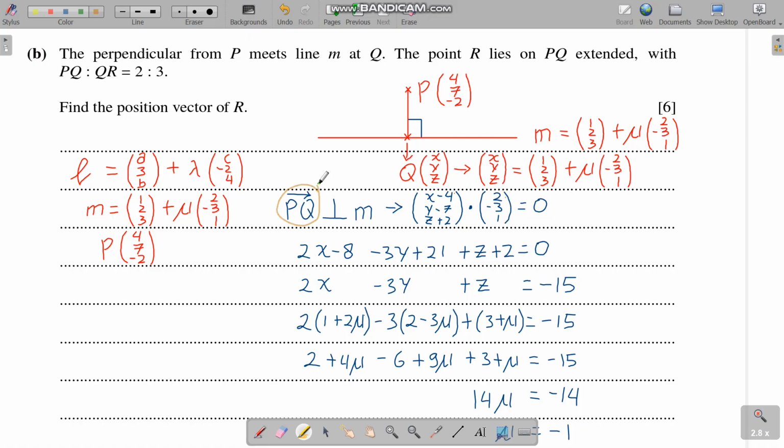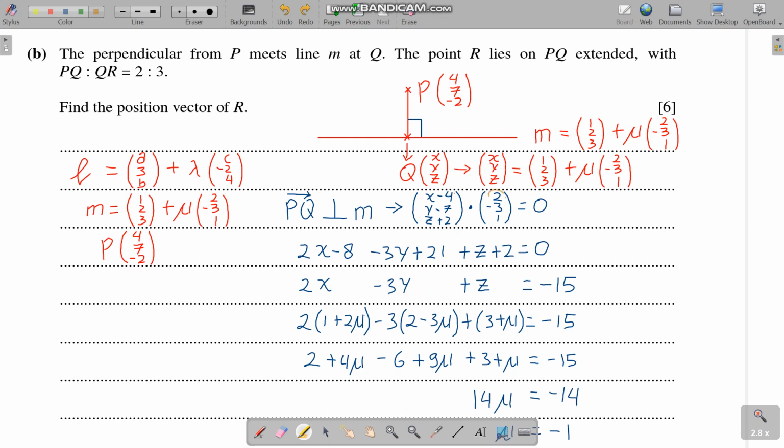For the vector PQ, it's going to be the coordinates of Q minus the coordinates of P. So x minus 4, y minus 7, z minus 2. Okay, so this is PQ, this is the line direction. Dot product equals 0.